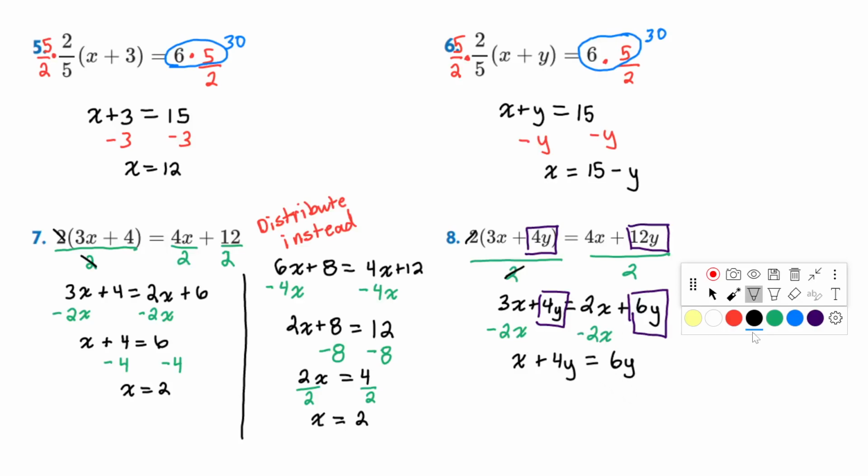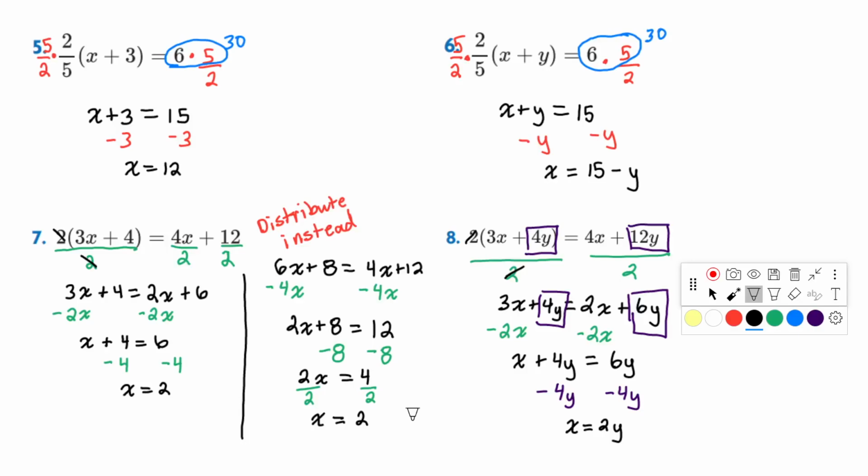Now to isolate x, I want to do the inverse of the addition. So I subtract 4y, and I have x equals 2y. So very similar to what we had on number 7.